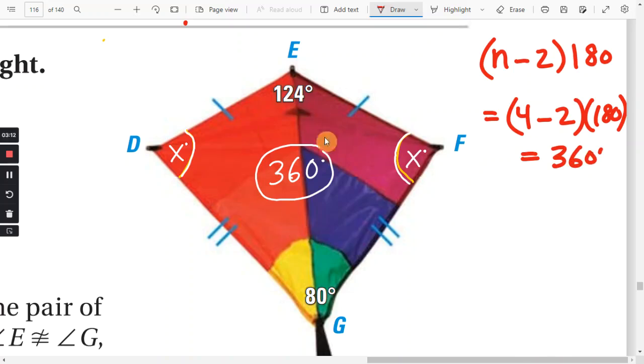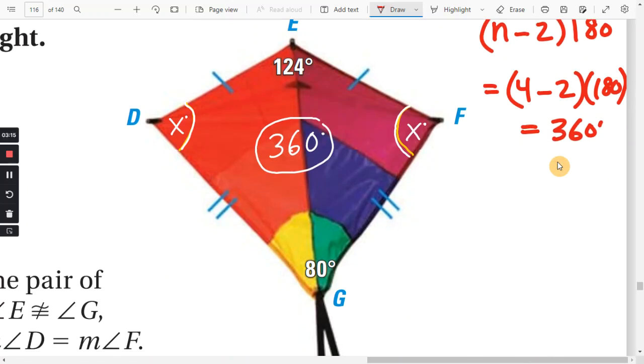All right, so that's the sum of the interior angles. So you just want to add them up and set them equal to 360. Okay, so we have 124, we have 80, we have X, and we have X. And adding those together, those are going to equal 360.